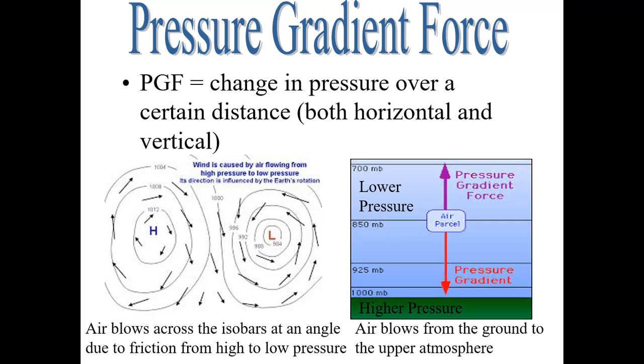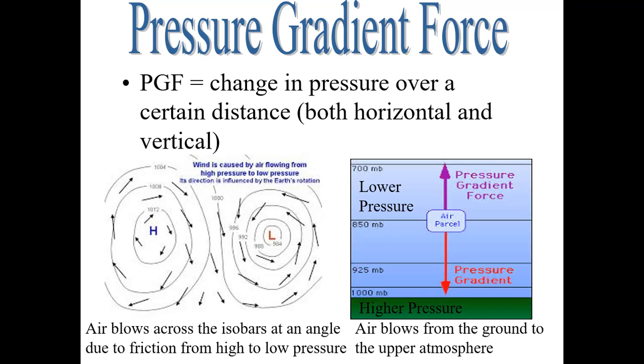On the right-hand image there, the bottom right, I'm showing a vertical pressure gradient. Now, we have a fairly significant vertical pressure gradient force. We have a larger heat difference between the surface and the upper levels of the atmosphere in the summertime.